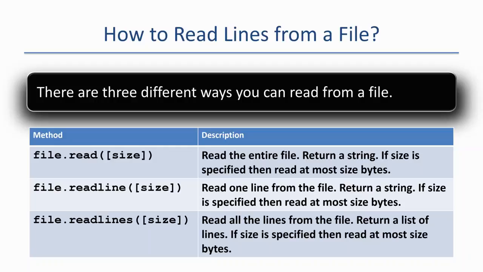In this case, every time you call this function, it reads one line from the file and returns a string to you. You can also read all the lines from a file by using a method called readlines. Remember that this method returns a list to you, and each element of the list would be one line of the file.